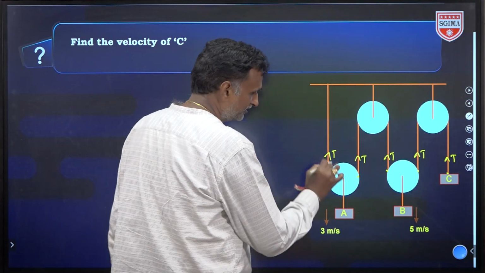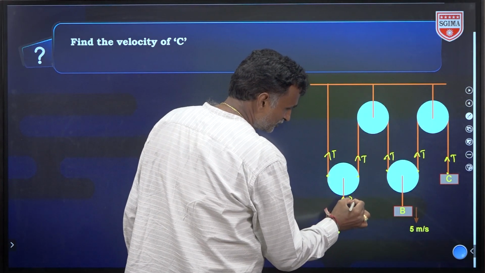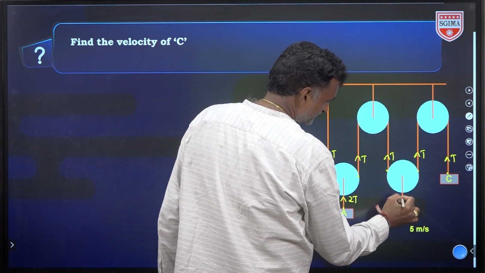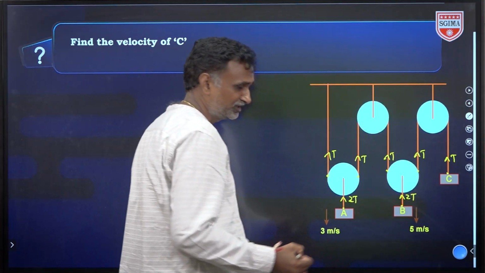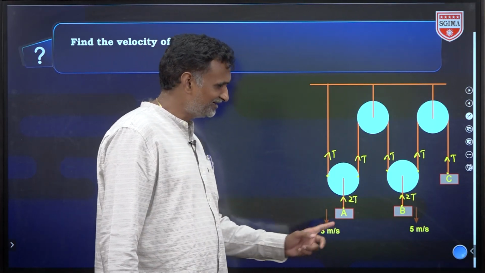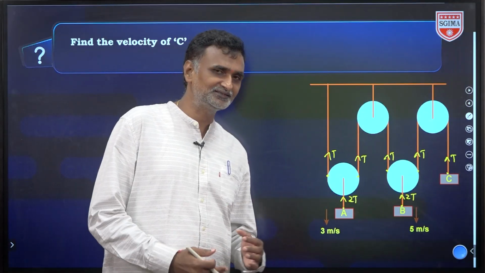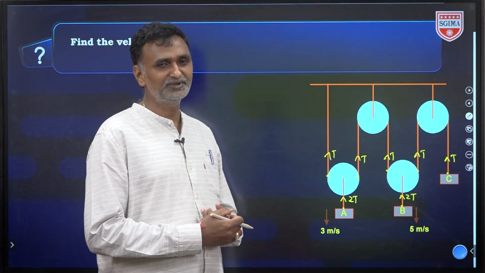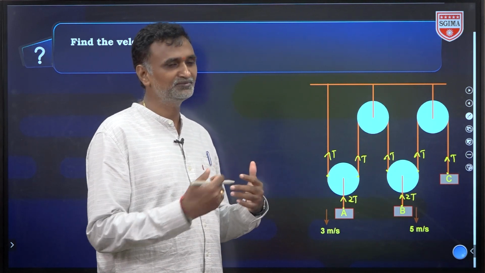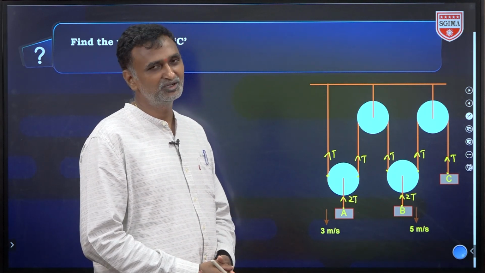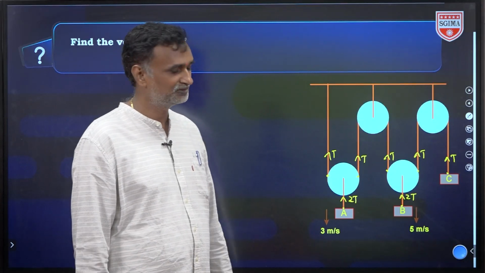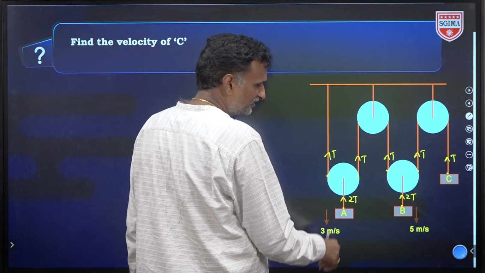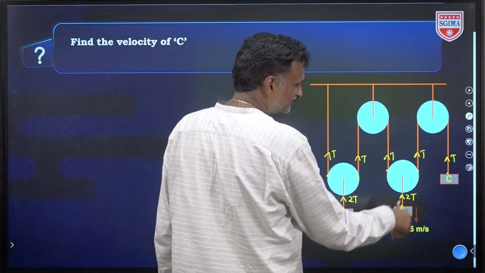Now here T adds up to 2T, and here T adds up to 2T. Now here the values are directly given. I told you T into x, instead you can take T into V also. By differentiation with respect to time, the time cancels and the displacement relation comes. So now here 2T upward, velocity downward, here also 2T upward, velocity downward.